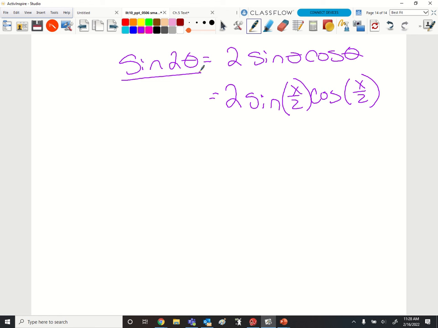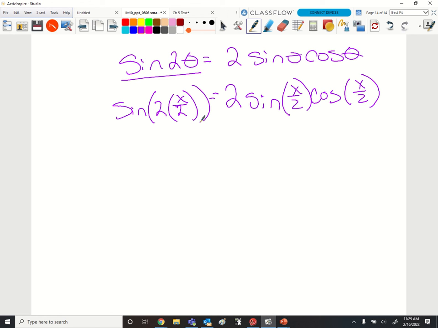Okay, all right. So, we said theta is going to be what in this problem? X over 2. So I'm going to plug it into this one over here now. So now it's going to be sine of 2, and my theta is x over 2, right? But on the outside, aren't I multiplying by 2?